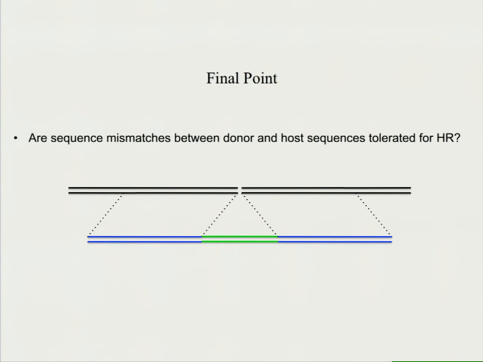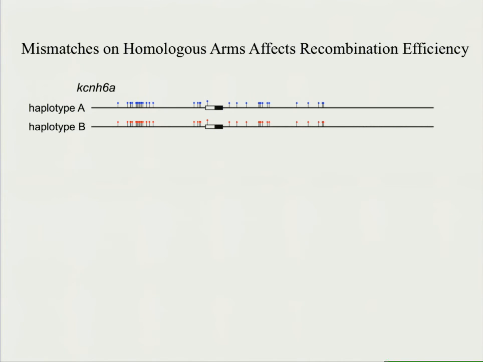The final point I have addressed is whether sequence mismatches between the donor and the host sequence are tolerated for the recombination. We found that this kcnx6 locus has severe polymorphism in wild-type AB strains. Each dot on haplotype A and haplotype B is a SNP.